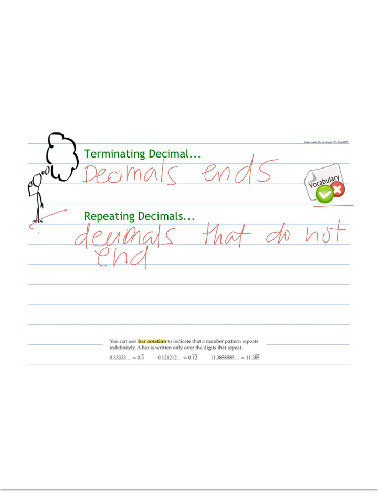So these are going to be decimals like 0.33333, and so on, and it keeps going. Or if it does something like 4 5 4 5 4 5, and it just keeps going.